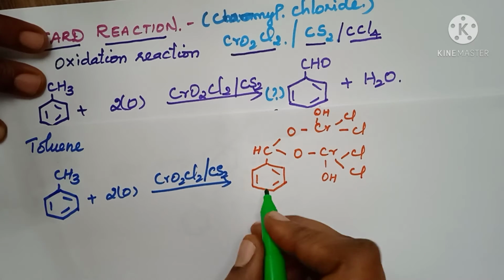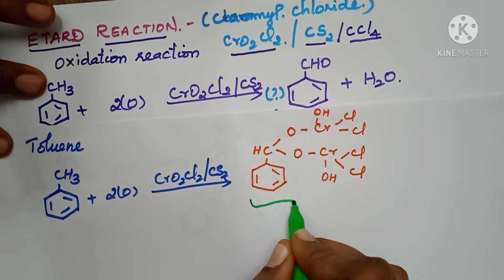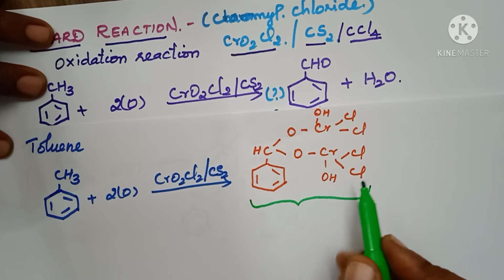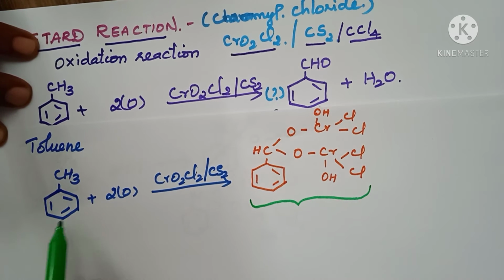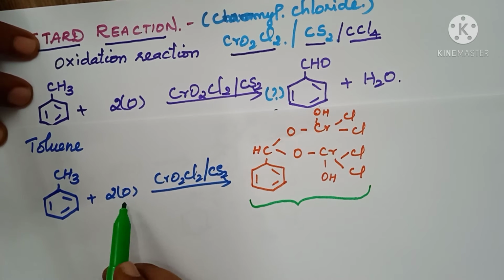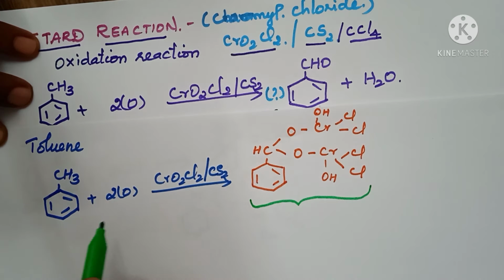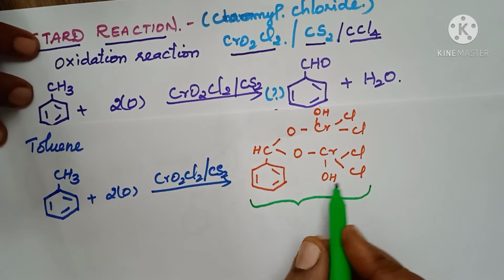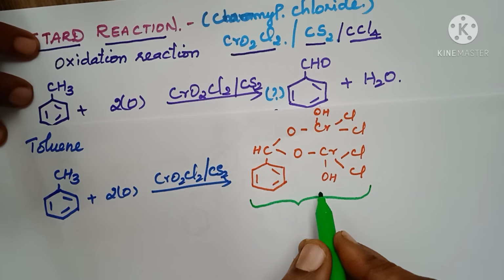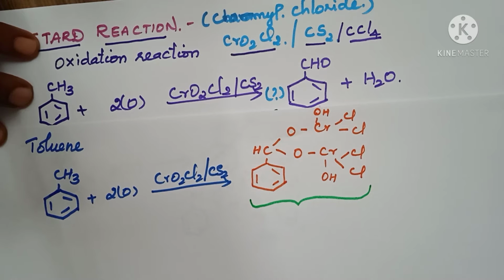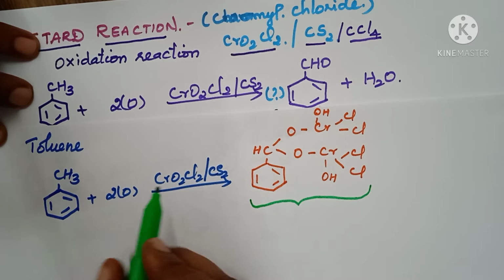The intermediate product, I'll split and write over here for your reference, which is the easiest way. This is a toluene compound, oxidized. It's a direct method, but it is actually the intermediate method, which may be useful for any competitive exam questions.